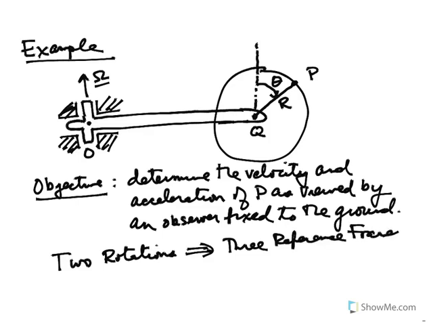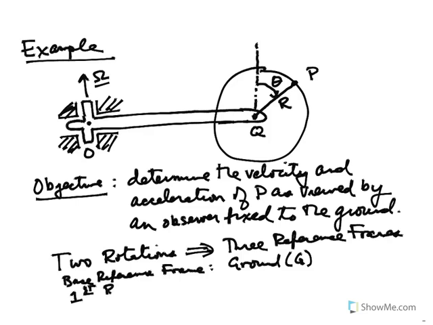What are those frames? The first frame is going to be the ground, which is going to be our base reference frame. So the base reference frame is going to be the ground, which I'm going to label as G. And then the first rotation is going to be defined by a reference frame, which is going to be the shaft.